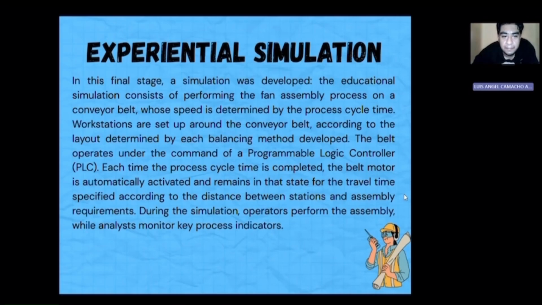The conveyor operates under the command of a programmable logic controller (PLC). Each time the process cycle time is completed, the motor is automatically activated and remains in that state for the travel time, spaced according to the distance between stations and assembly requirements. During the simulation, operators perform the assembly while analysts monitor the process indicators.